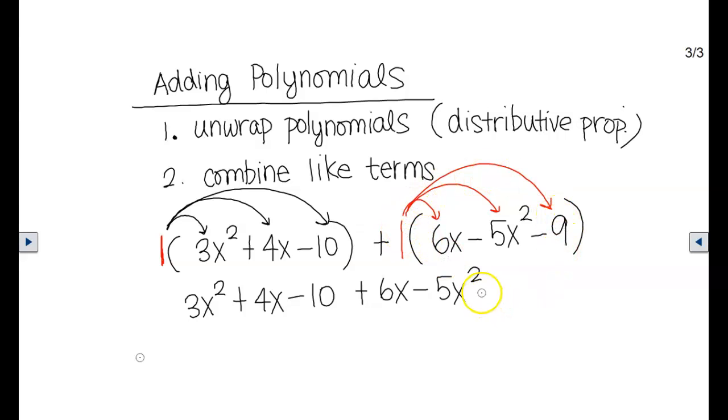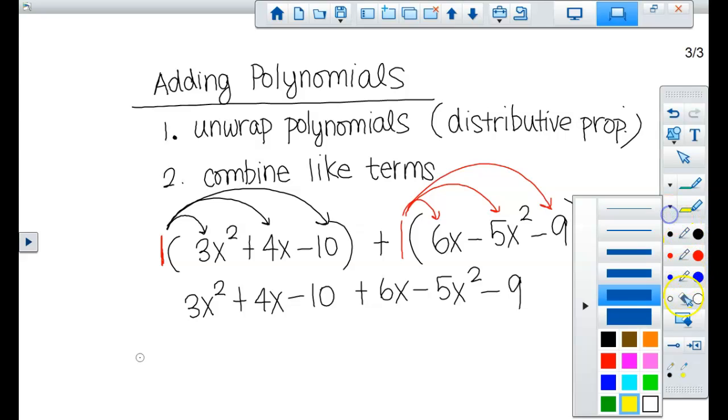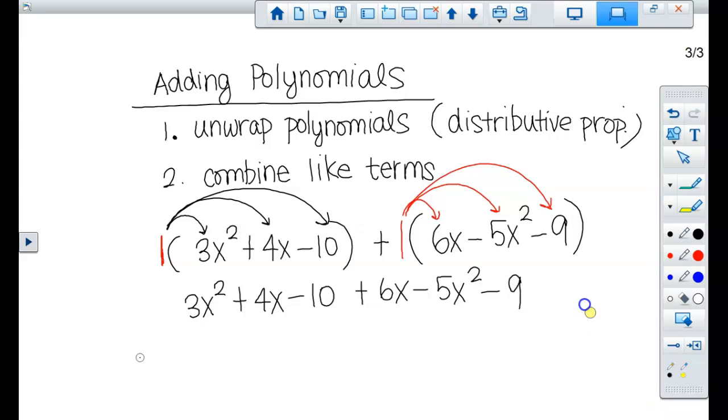And then finally 1 times negative 9, still negative 9. So each set of parentheses here has a positive 1 in front of it. And we distribute that positive 1 to unwrap these polynomials.